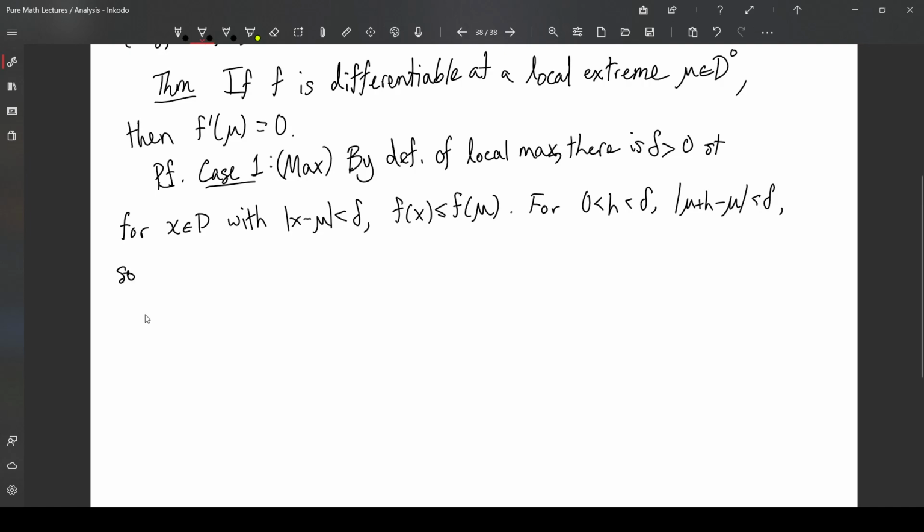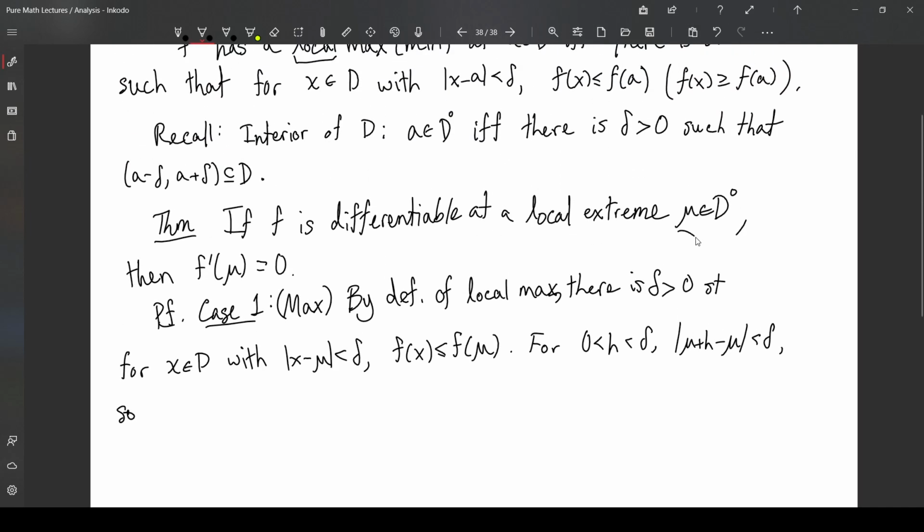An important thing to note here is that since we've chosen mu to be an interior point, we don't have to worry about the cluster point issue from the last video.